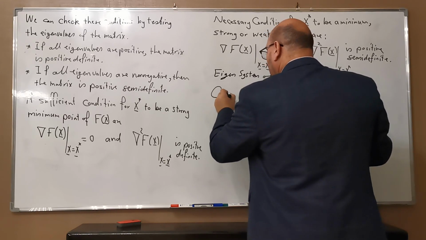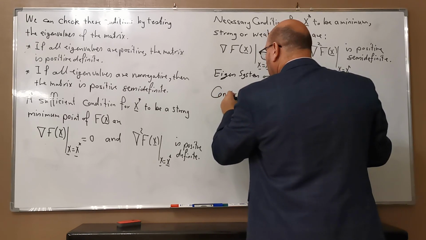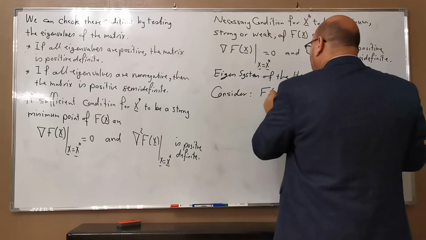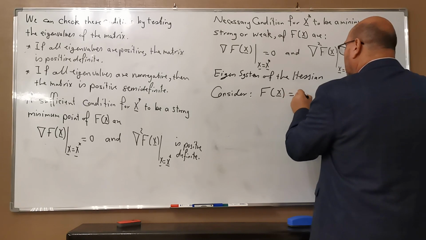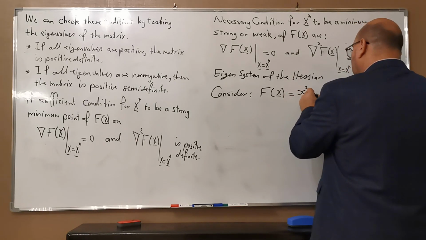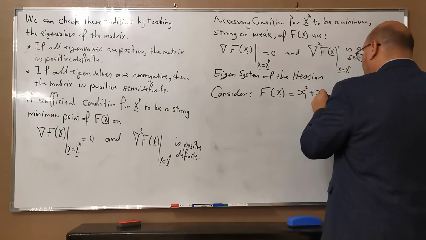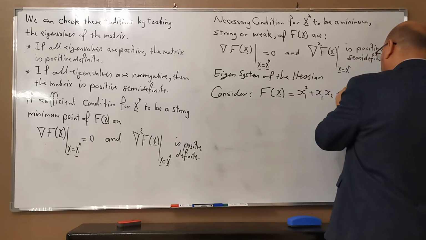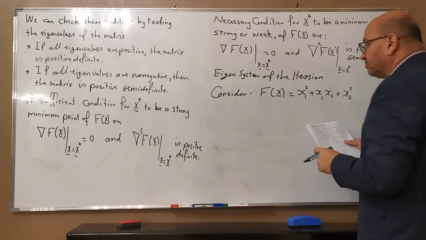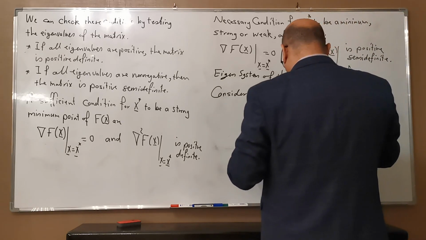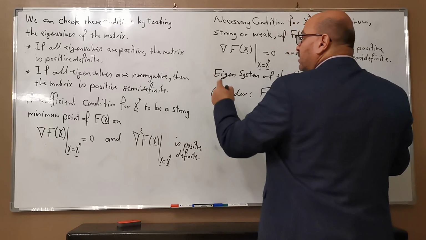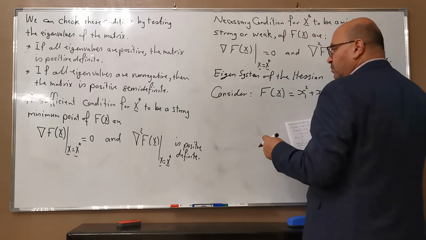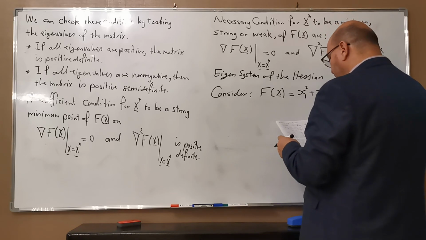Consider f of x equals x1 squared plus x1 x2 plus x2 squared. We want to find the stationary points and see whether this is a minimum or not.